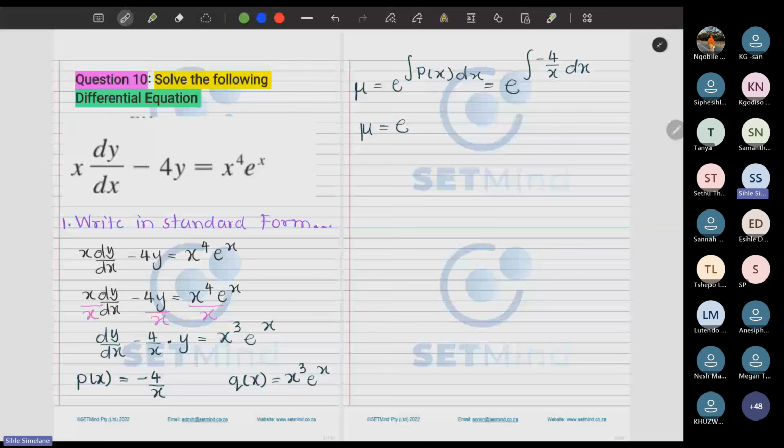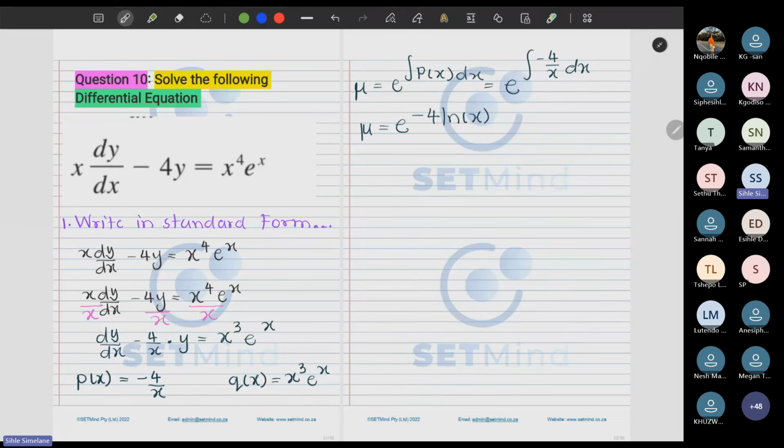When we integrate the exponent, what do we get? Is it not negative 4 ln x? Okay, negative 4 ln x. That is correct.